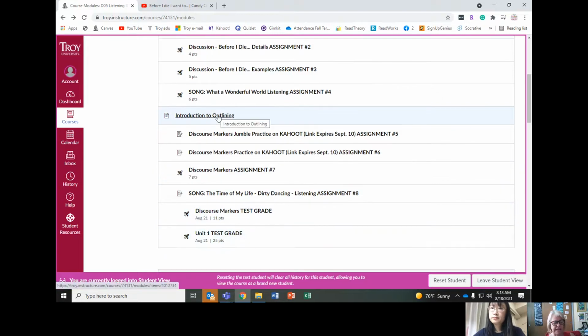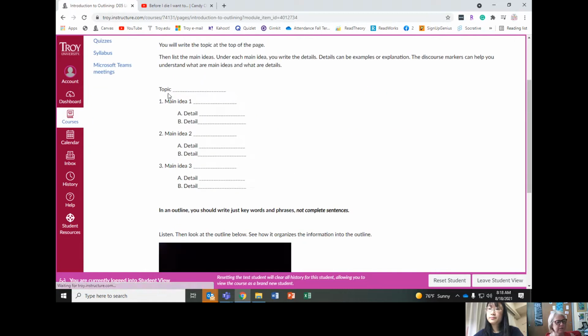So again, now back to outlining. Here I'm giving you practice on Kahoot. In outlining, you want to add your topic, and then we're going to put the main idea first and then the details. If you notice, when you outline, the main idea is to the left of your page, and the details are indented, meaning there's a space there, and it's underneath each main idea.